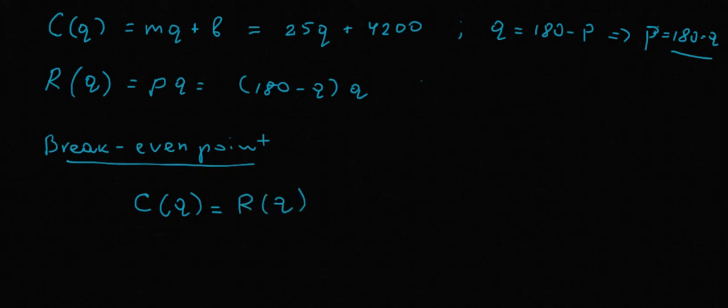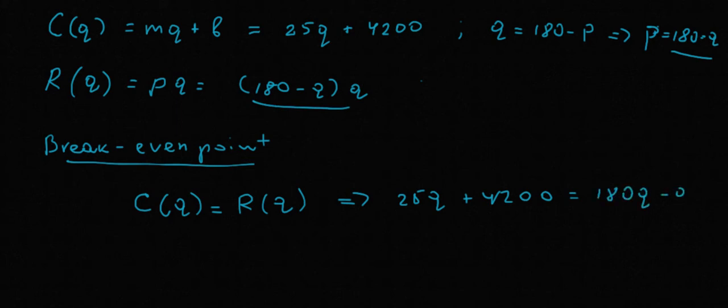In other words, 25Q plus 4,200 equals, for the revenue function, let's multiply out, 180Q minus Q squared. Okay, and now let's move all terms to the left-hand side.